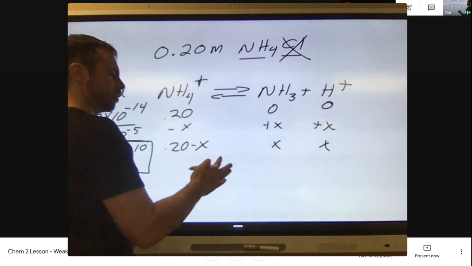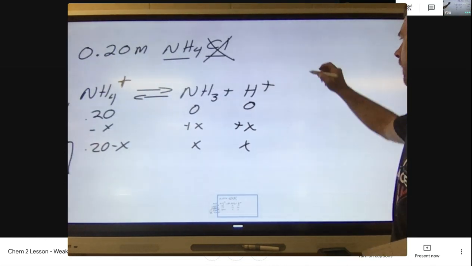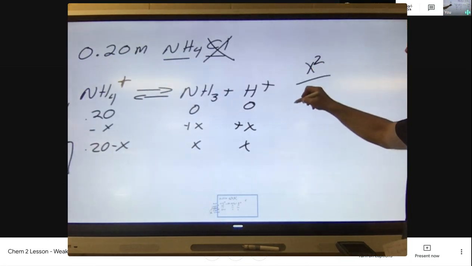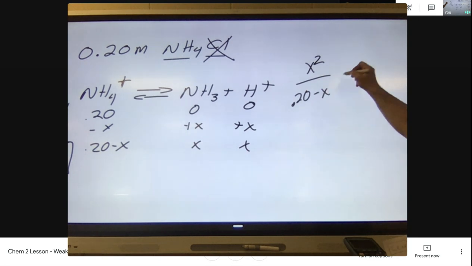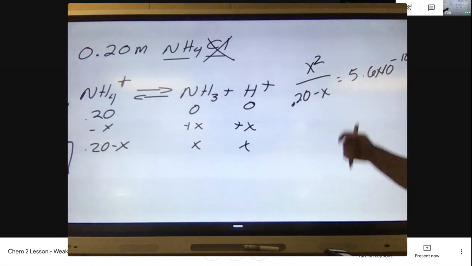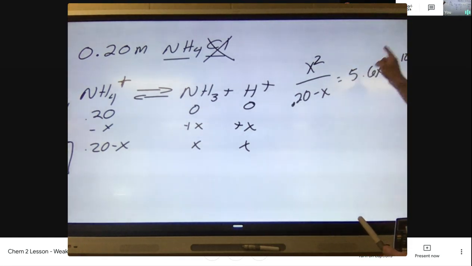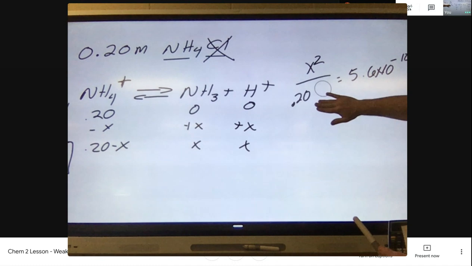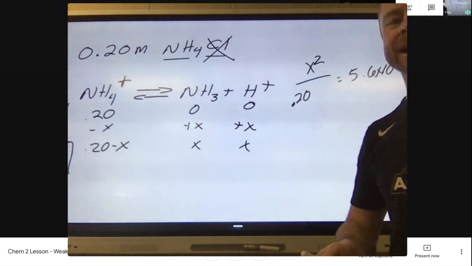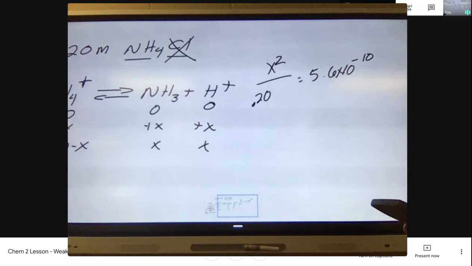Okay? So what we would end up with is x squared all over 0.2 minus x is equal to 5.6 times 10 to the negative 10th. And we would solve for x there. Keeping in mind, really small number, so we can use the cheat factor and we don't even have to check it because it's so small. Okay, just slide that over for you.